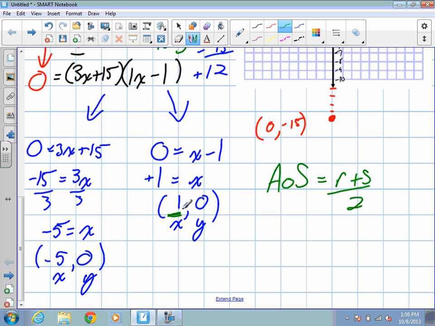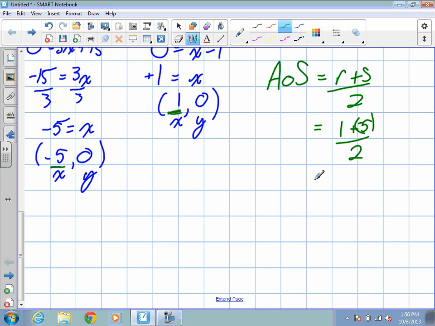So we take positive 1. Then we add negative 5 and divide it by 2. What is 1 plus negative 5? Negative 4 over 2. Negative 4 divided by 2? Negative 2.